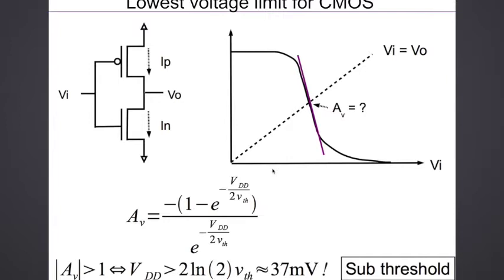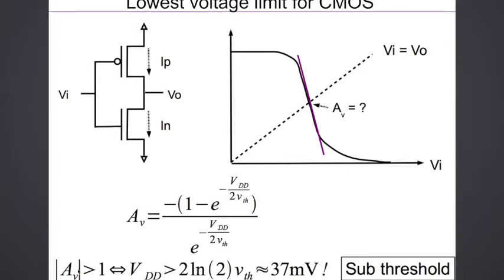You'll find that the gain is given by a term like 1 minus e to the minus VDD by 2 VTH, divided by e to the minus VDD by 2 VTH. You have to do some algebraic manipulations and you'll get the gain.